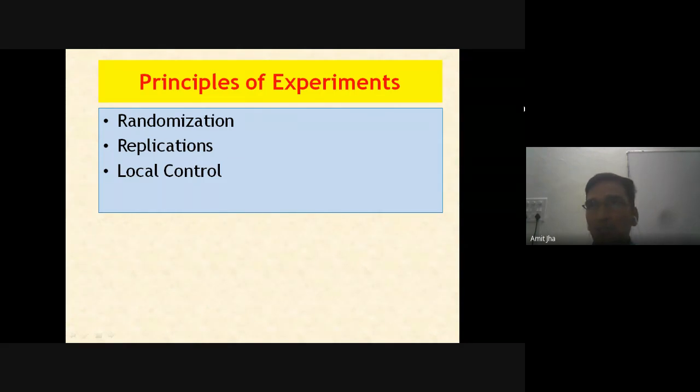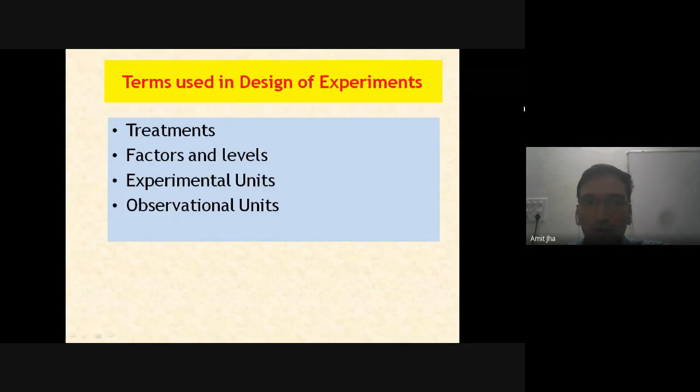Randomization means the experimental units are allotted to treatments, or treatments are allotted to experimental units, randomly. Randomly means they have equal chances. Replication is used to get more precise results, and for this a local control is used.